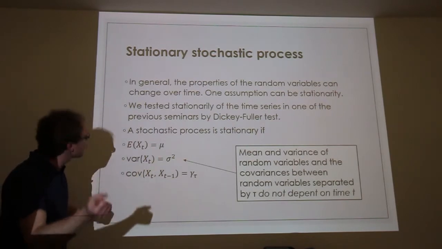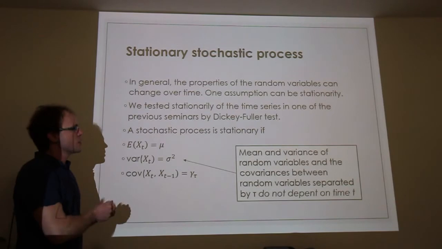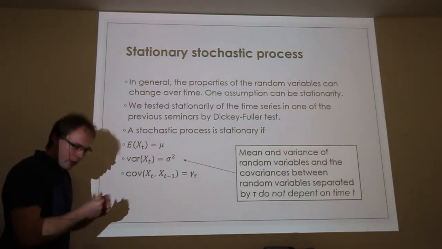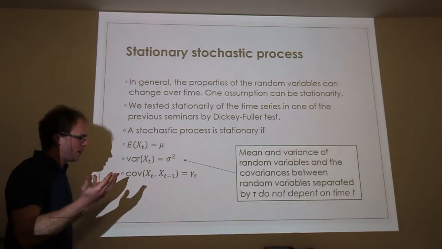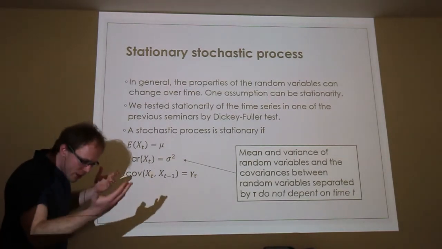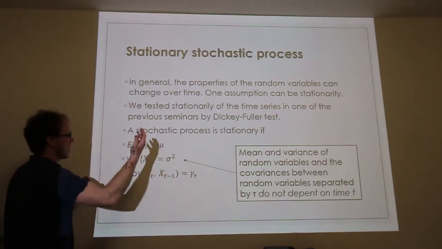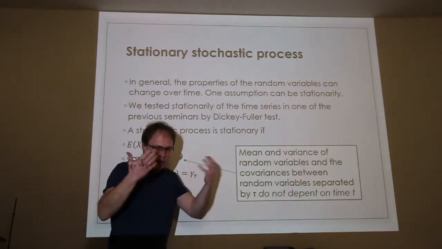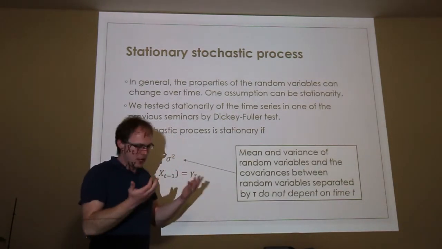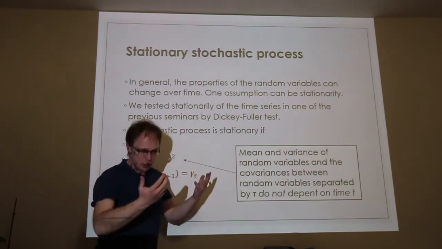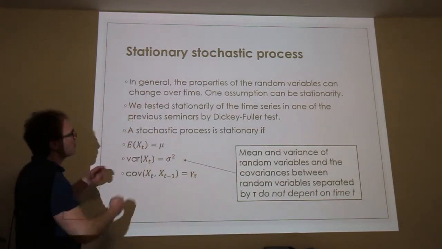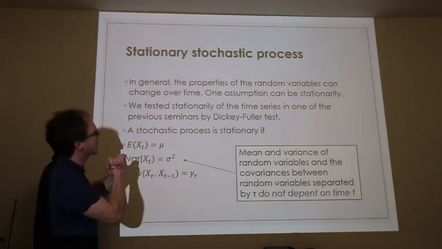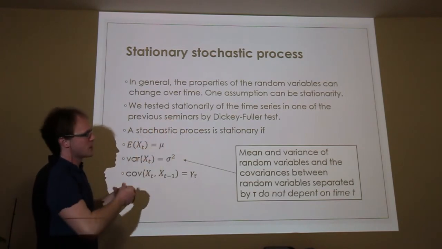We will continue with the stationary stochastic process. Maybe you have already seen, for example, white noise or another process which fluctuates around some conditional mean, some average value. In general, the properties of the random variables can change over time. One assumption can be stationarity.